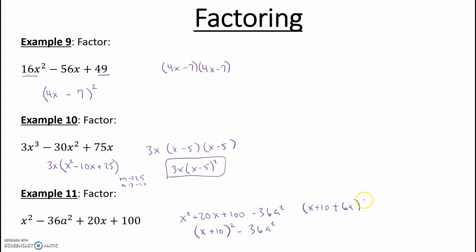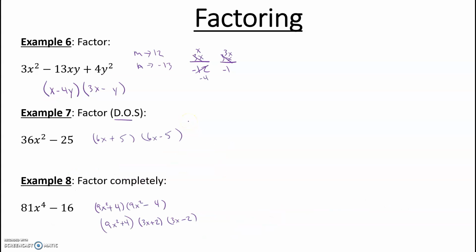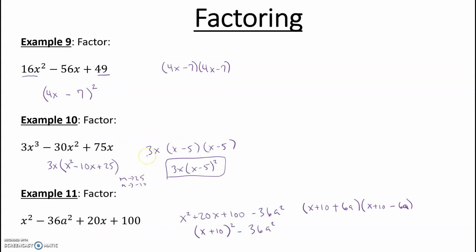One will be plus, and then again, square root x plus 10 and 6a, and one will be minus. So again, very similar to the difference of squares example we did back here, right? 6x, and then 5, one's plus, one's minus. Except it looks a little different. X plus 10, 6a, one's plus, one's minus.